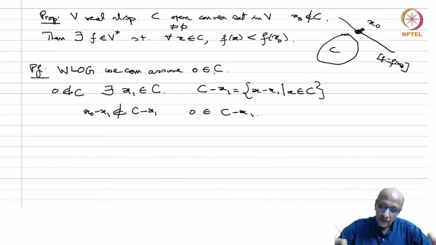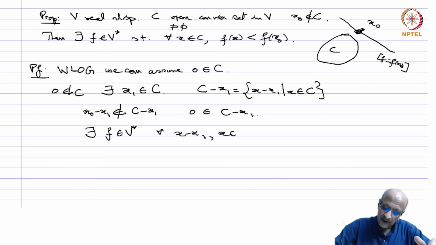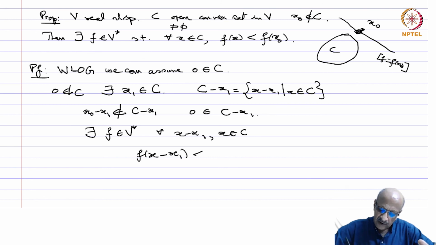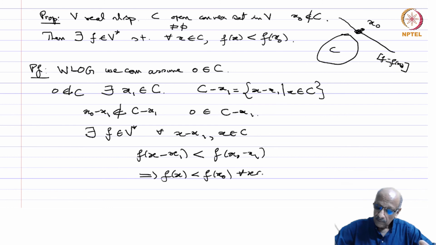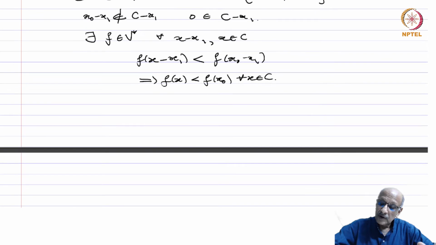Okay, so by the proof for this case, there exists an f in V star such that for all x in C, we have f of x minus x1 is strictly less than f of x naught minus x1. And by linearity, this means that f of x is strictly less than f of x naught. So there is no loss of generality in assuming that 0 belongs to C.